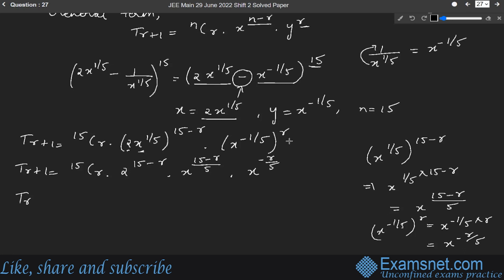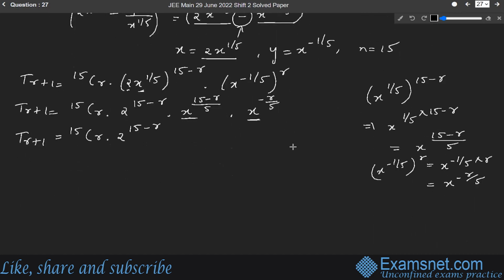Now again simplifying this, it will be T(r+1) is equal to 15Cr multiplied by 2 power 15 minus r. You can see here that the base is same. And whenever the base is same, the power is added, right? If we have x power m into x power n, then it will always equal x power m plus n. So here also the base is same.